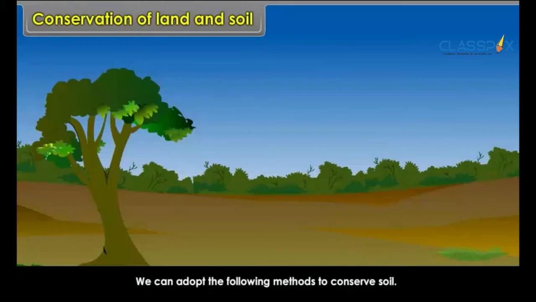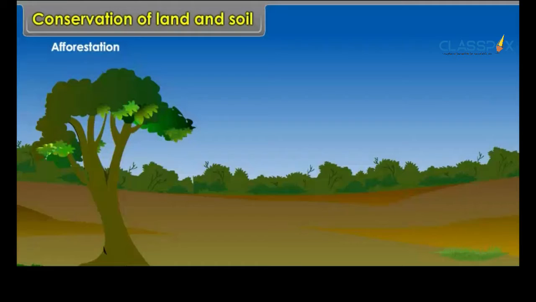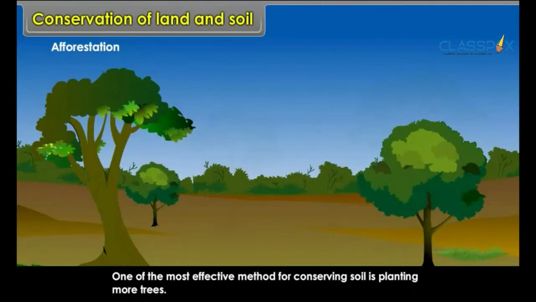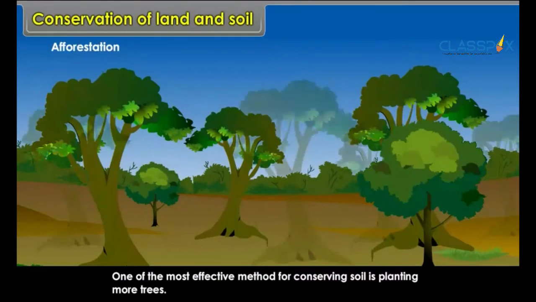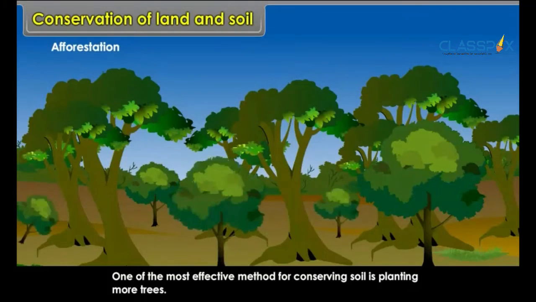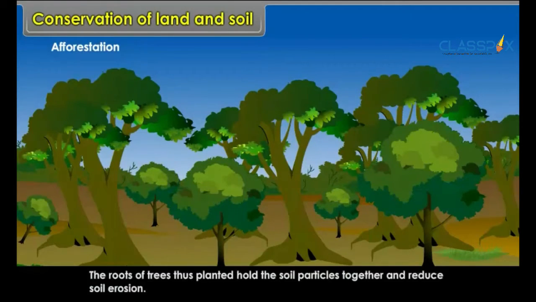We can adopt the following methods to conserve soil. Afforestation. One of the most effective methods for conserving soil is planting more trees. The roots of trees thus planted hold the soil particles together and reduce soil erosion.